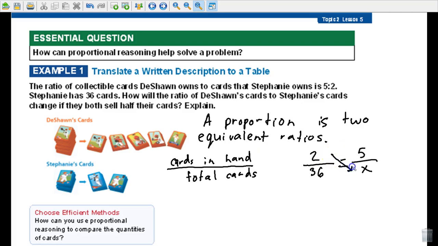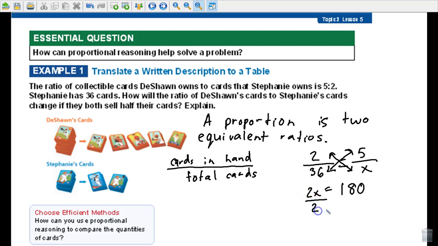So we cross multiply, make our arrows showing what we're going to multiply. And as you see, the arrows make the little x, knowing that we're multiplying, okay? So we get 2 times x, which is 2x, and that equals 36 times 5. 5 times 6 would be 30, so I put my 0 down. 5 times 3 is 15, plus 3 would be 18, so it would be 180, okay? Now, since this is multiplication, I have to do the opposite to solve for x.